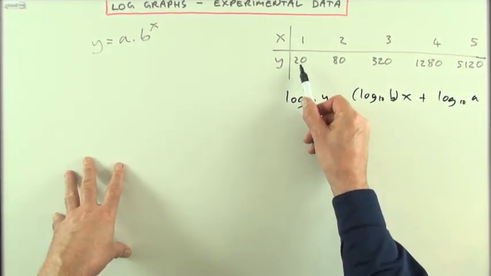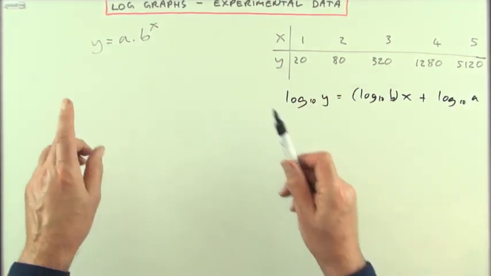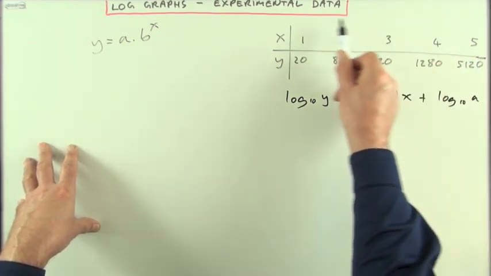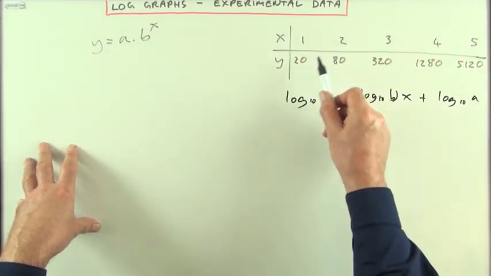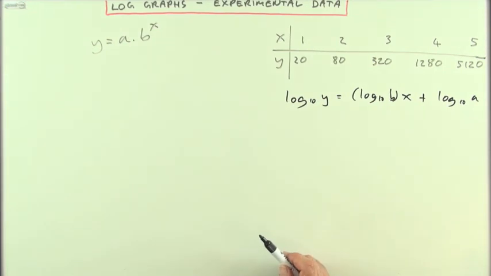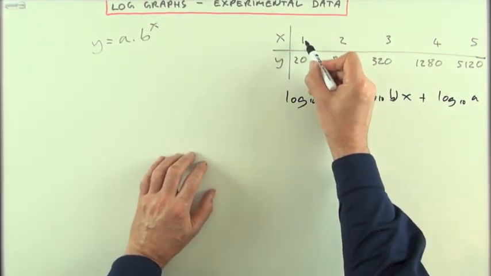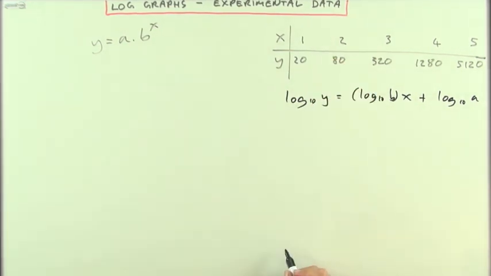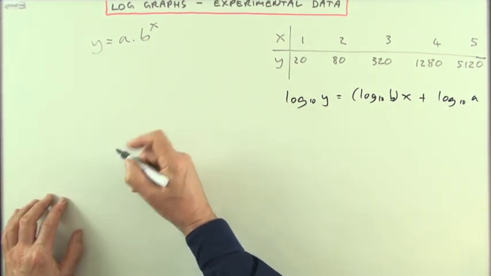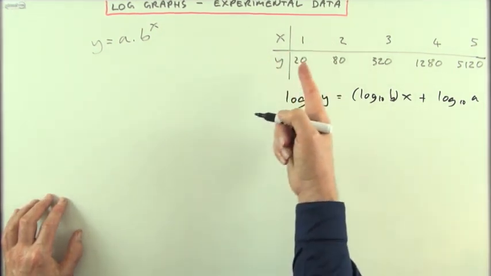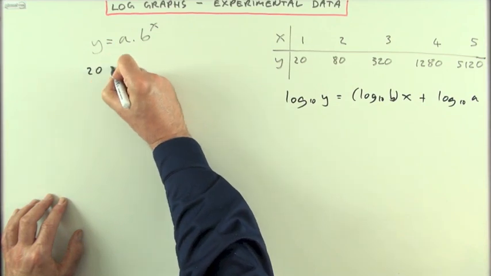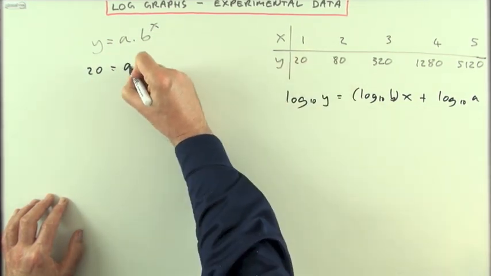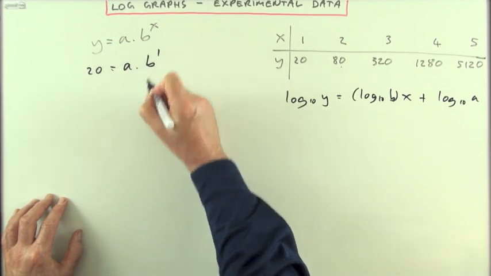But then, without needing to work out the logarithms, you could find a and b by just using the original raw data in substitutions. And again, in this case, it's very handy to have x equals 1. So in this first part, if I do a substitution using 1 and 20, I would have this. When y is 20, I'll have a times b to the power 1.